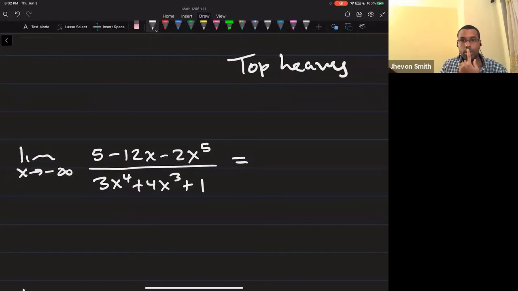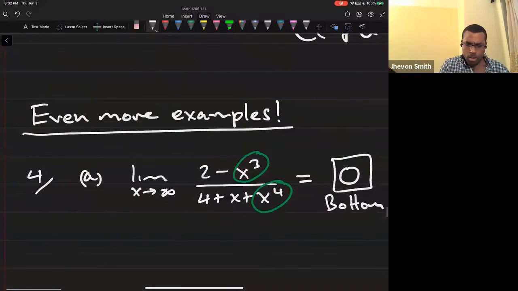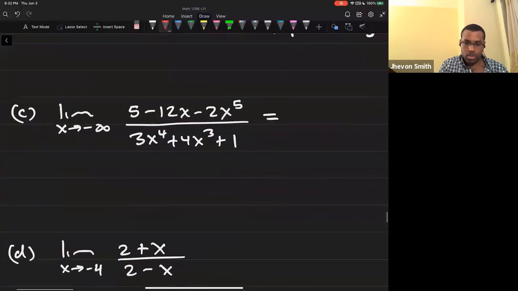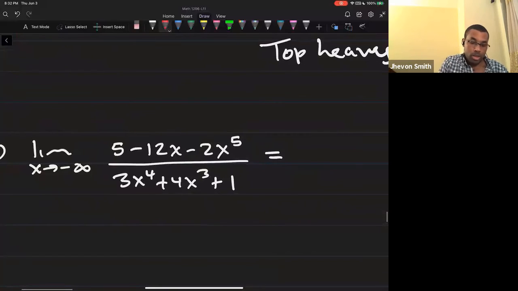Okay, what about this one? Let me keep pointing this out. So yes, it's a limit at infinity. All right, cool.